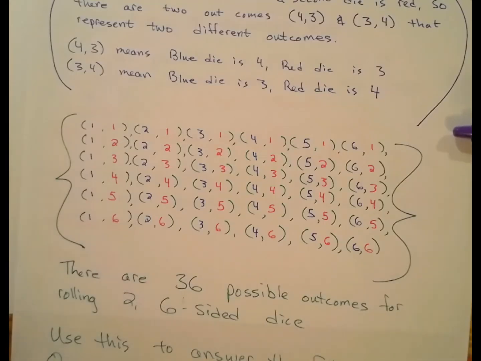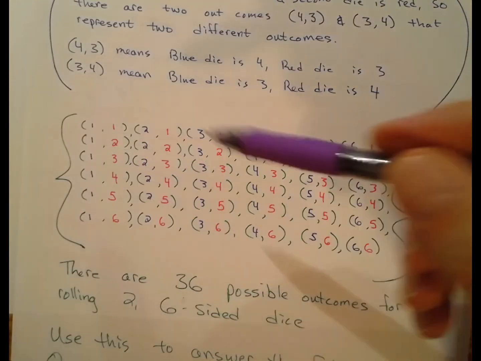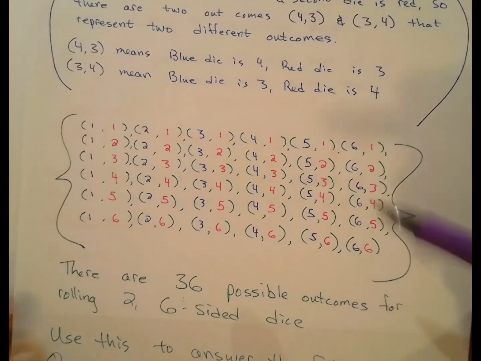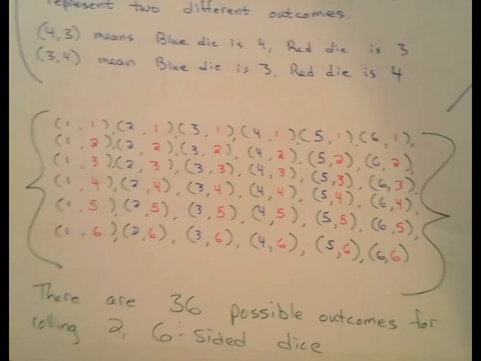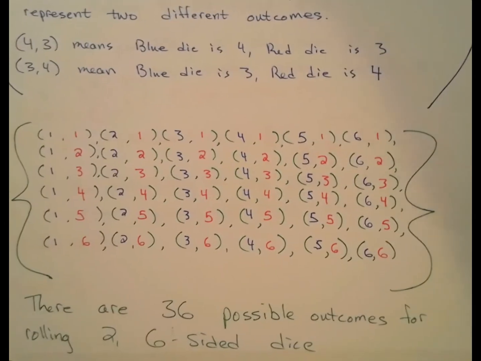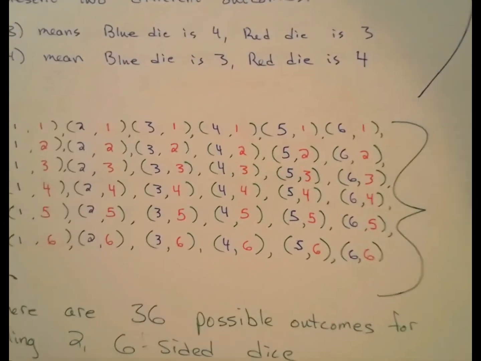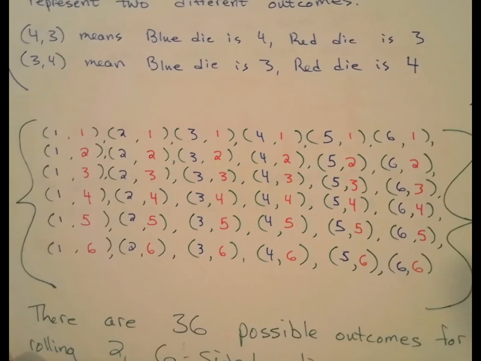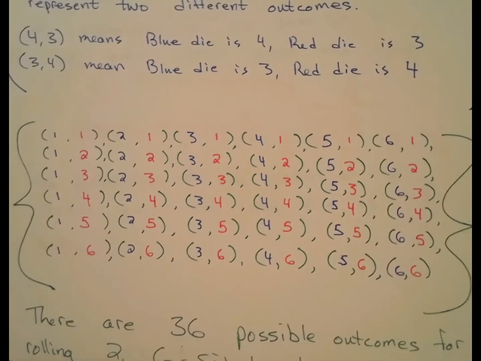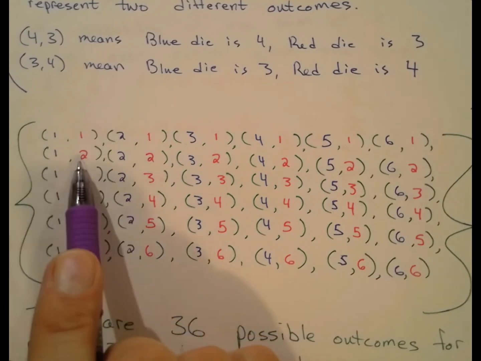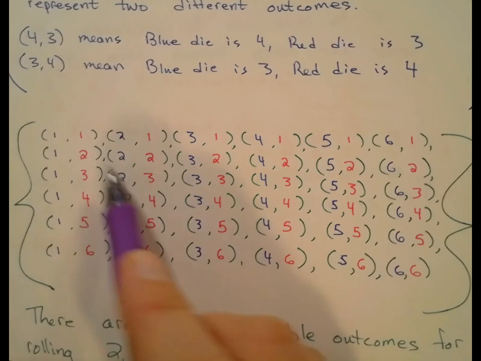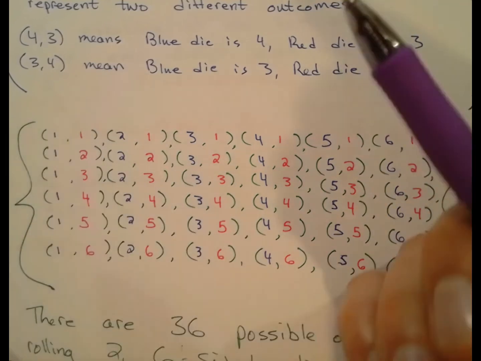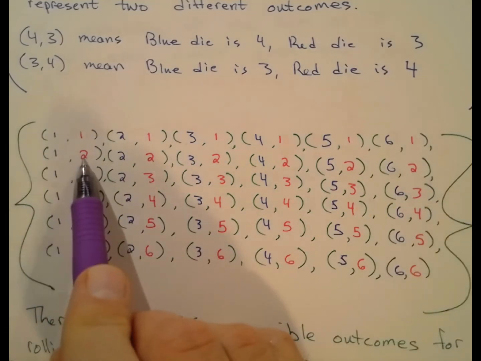We answered these questions last week. The probability that the product is even is 27 out of 36. Basically, if you quickly multiply, 1 times 1 is 1, so that's no good, but 1 times 2 is 2, so that's an even product.